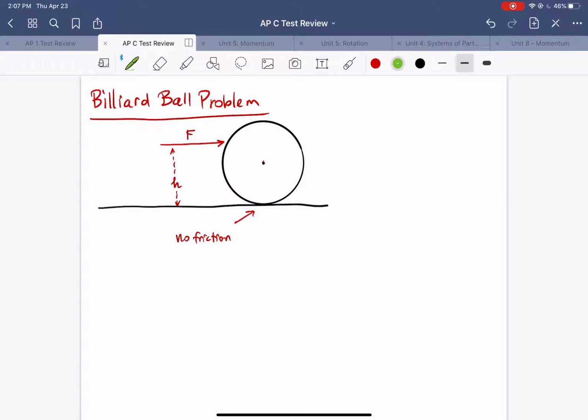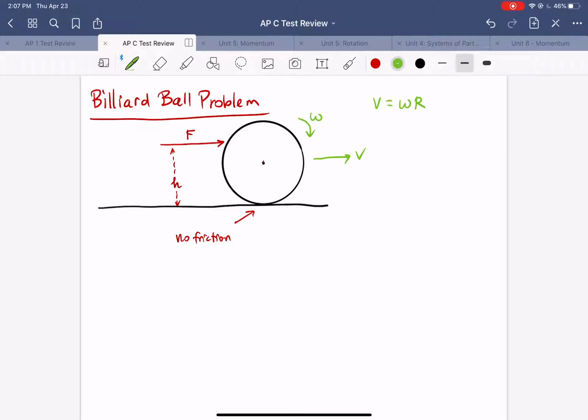And we want to strike this object with a horizontal force so that it takes off rolling without slipping. So we want the resulting angular rotation and the resulting linear velocity to obey the rolling without slipping condition.